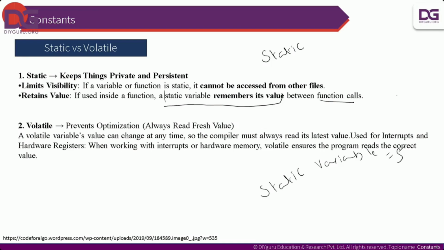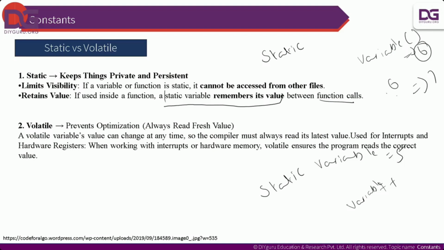Say I initialize it as 5 and change it with variable plus plus. The first time I call it, it will give 6. The next time I call it, it will be 7. It won't be 6 again, it remembers that it has been changed from 5 to 6.